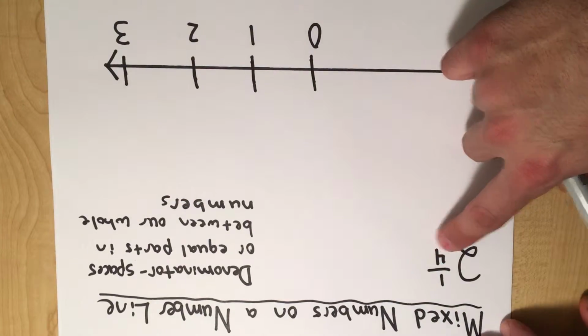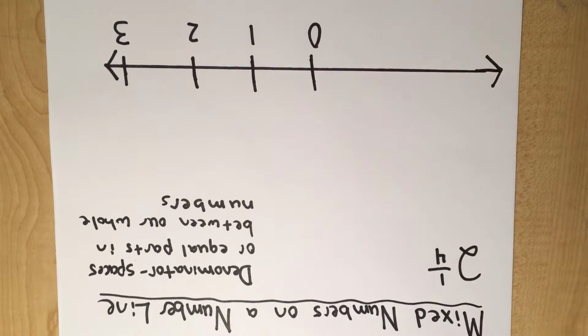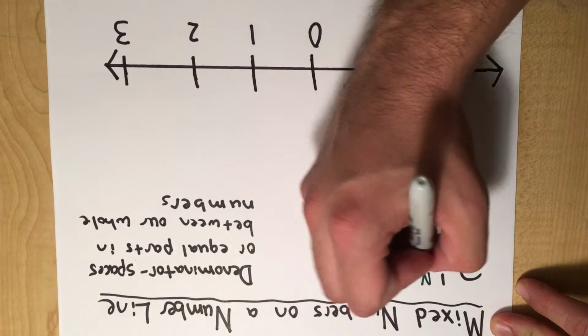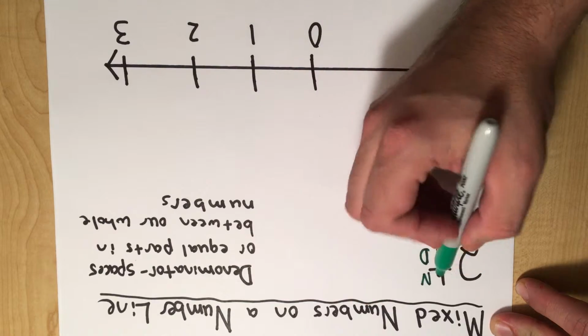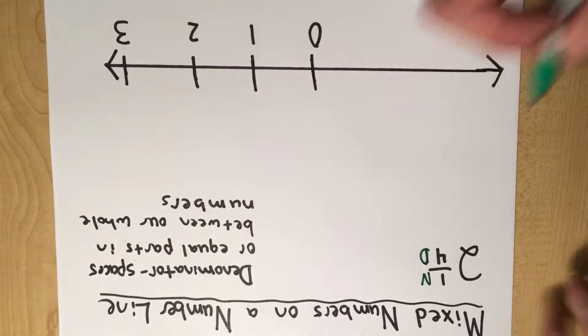We have a fraction and then some whole numbers. We're going to use the strategy of "NoDD". How do we know what the numerator is and what the denominator is? Well, that's easy. N tells us the top number is the numerator, D tells us the bottom one is the denominator.